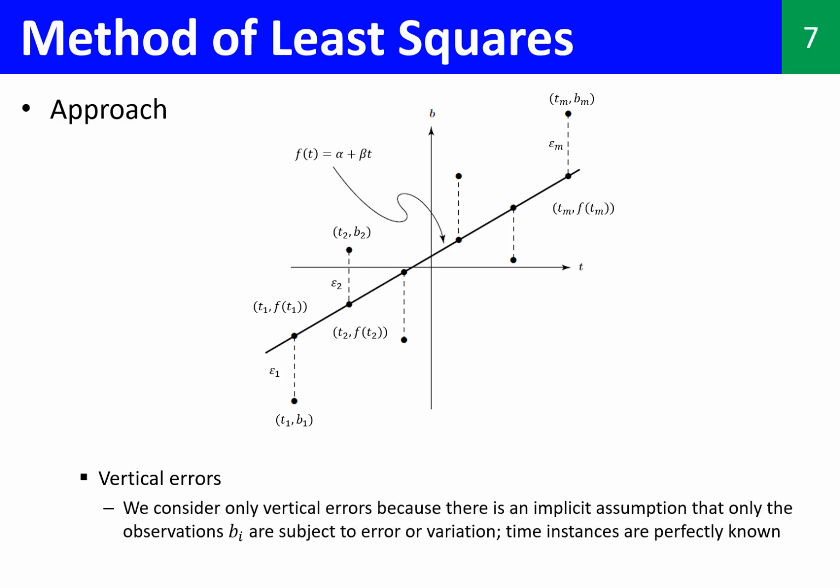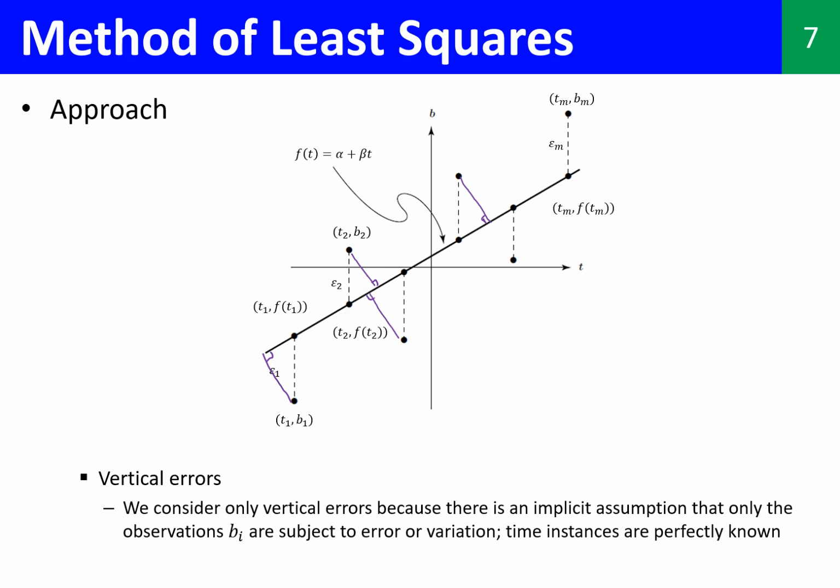So why vertical errors? Well, it would have been better if we considered maybe the perpendicular error towards the straight line, right? So maybe we consider this distance, this one, and this one, and so on.